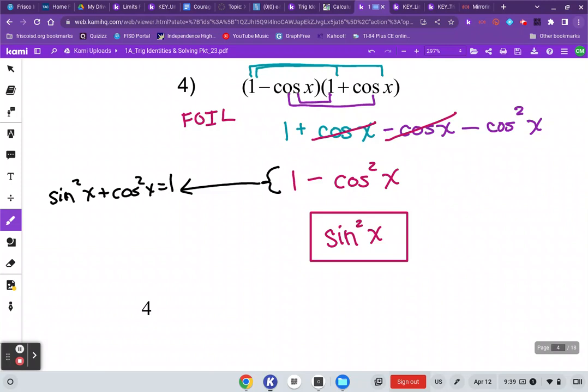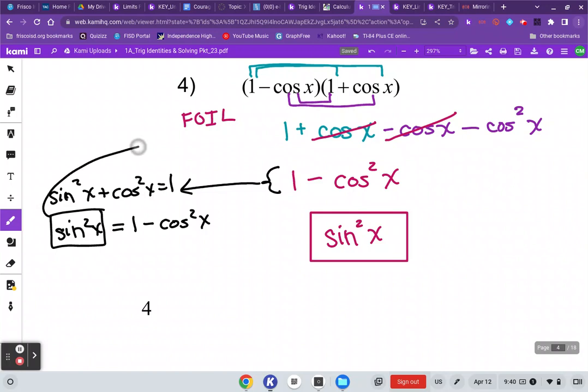I need to get it into that form. So I'm going to have to subtract the cosine squared to the other side of the equation. It will be perfectly normal to come out to the side and write down your identity and do the changes that need to take place in order to know for sure what to substitute in place.